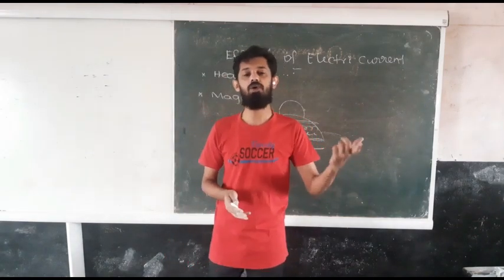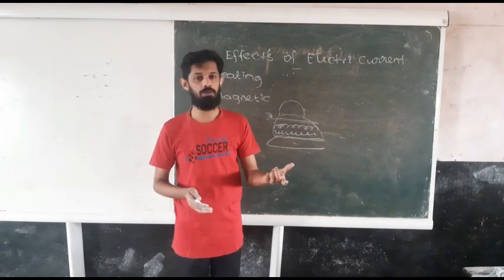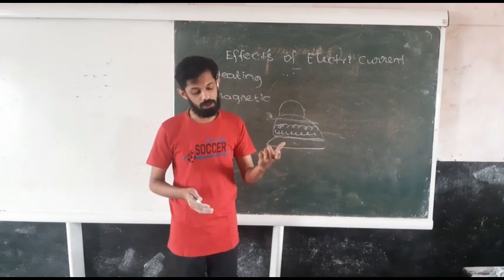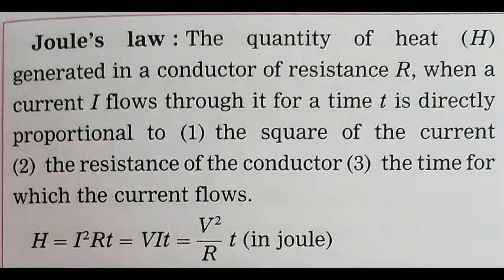In 9th class we already studied Joule's law. Hope you remember. What is Joule's law? The quantity of heat generated in a conductor of resistance R when current I flows through it for a time t is directly proportional to the square of the current, the resistance of the conductor, and the time for which the current flows.